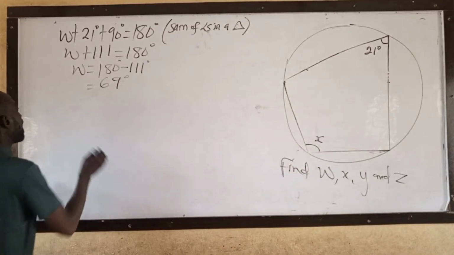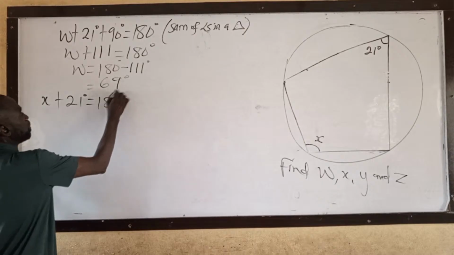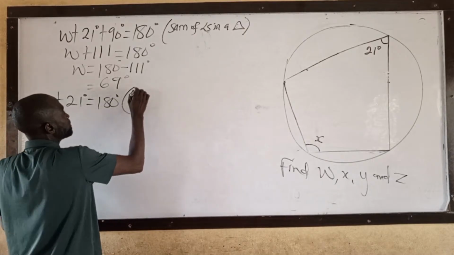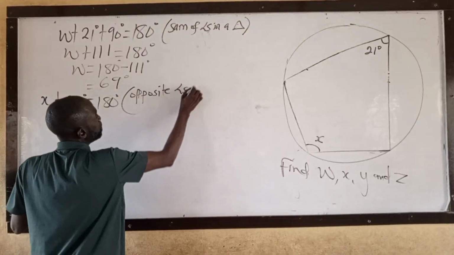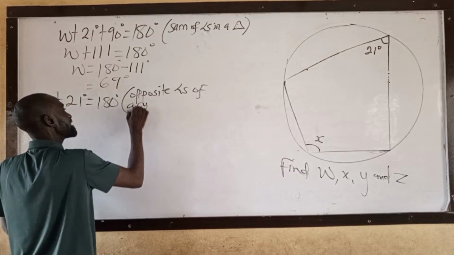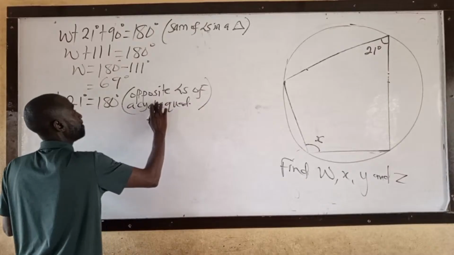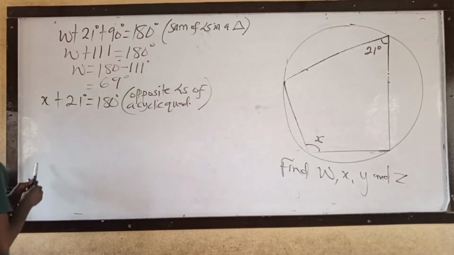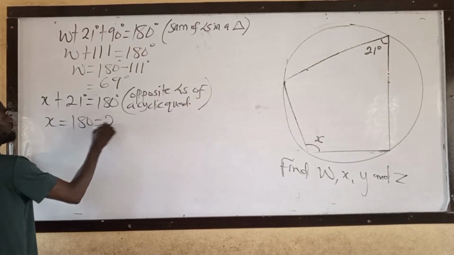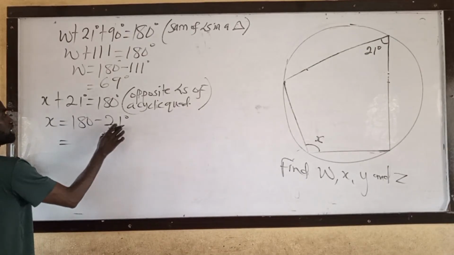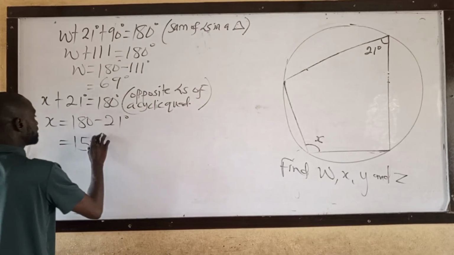So our X plus 21 degrees also equals 180. What's the reason? Opposite angles of a cyclic quadrilateral. So X equals 180 minus 21 degrees, which equals 159 degrees.